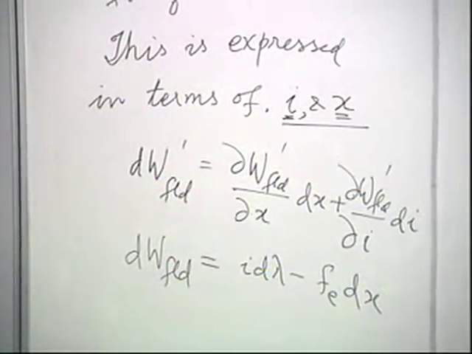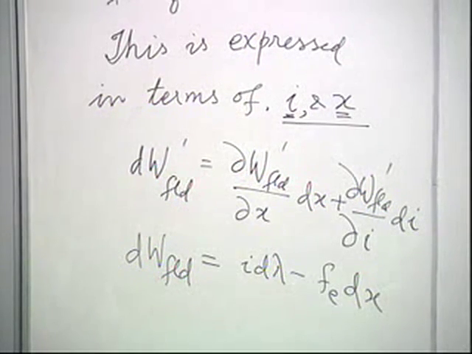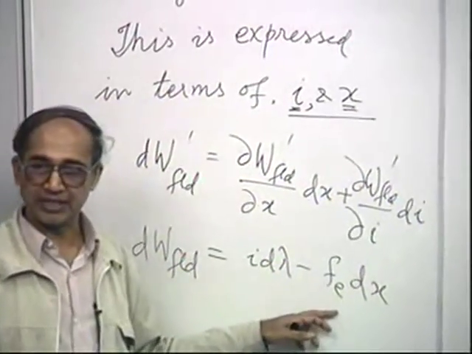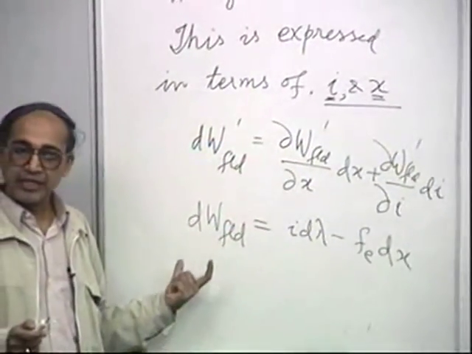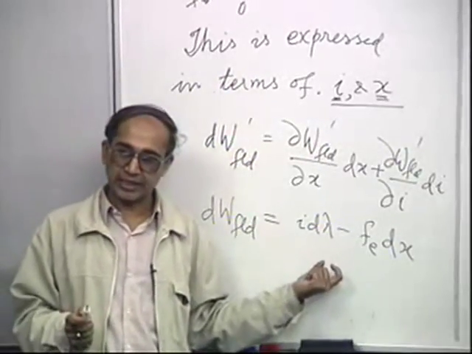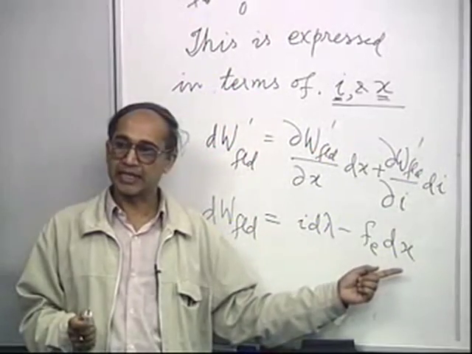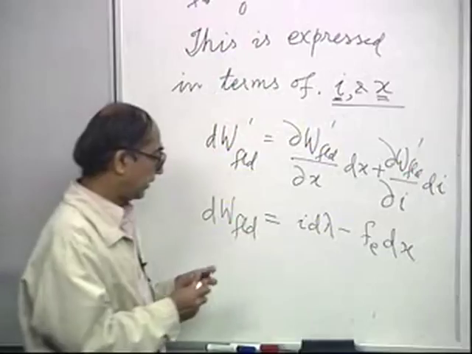So we have dW field is equal to I d lambda minus F dx. This is what we know. Our energy balance: increase in stored energy is the electrical energy input minus the mechanical energy output.